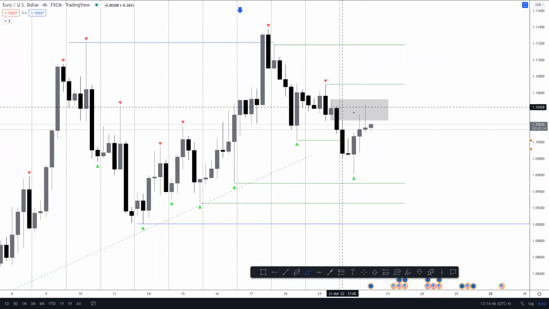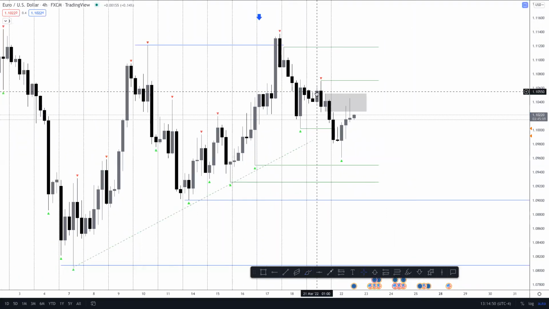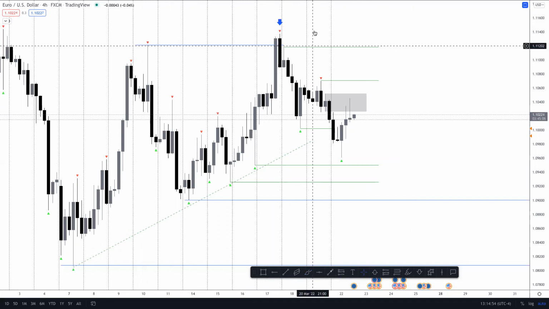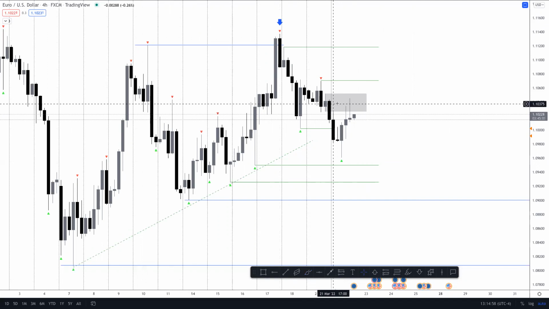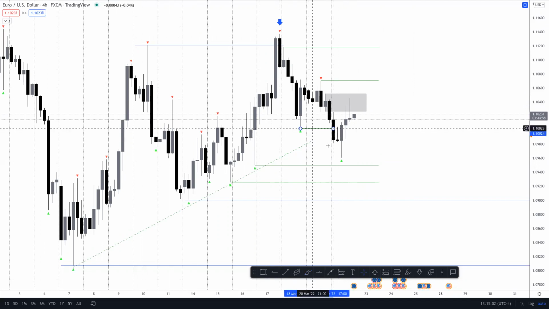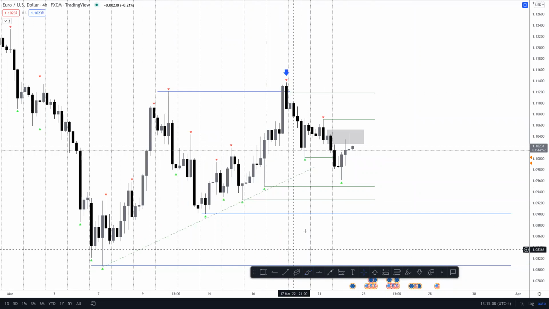So that is why I had this OB in here. Knowing that my high time frame bias is going to remain short, there's a lot of reason as to why this OB is going to be effective, on top of the added 4 hour break of structure here to tell me that we might continue from it. So this is basically all I saw in terms of the 4 hour analysis.